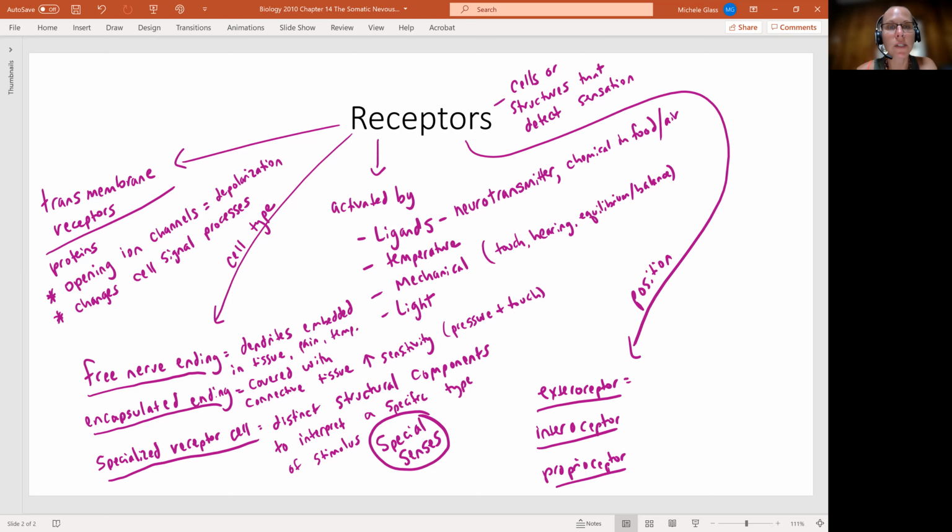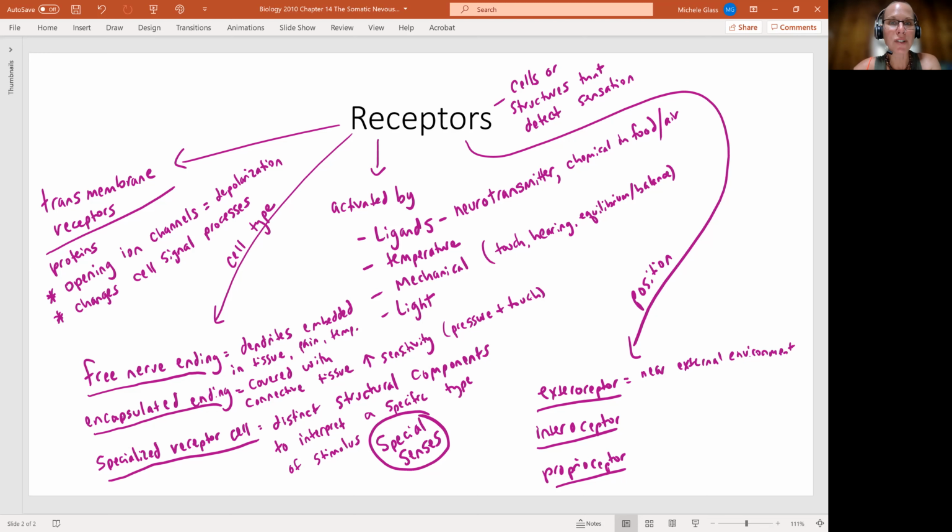Where the exteroceptor, think external to the body, and so these are positioned near the external environment. Which I'm struggling here, so let me rewrite the word environment.